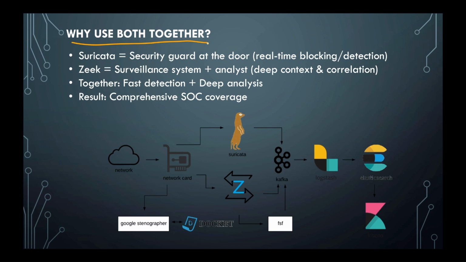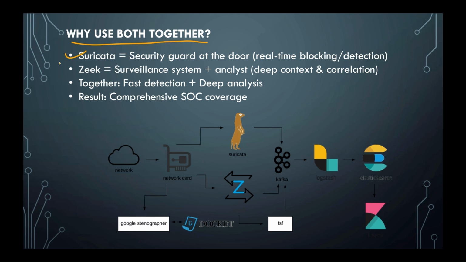While Zeek, on the other hand, gives you a deeper analysis of what is happening over time. It correlates different events and logs everything. So it helps you understand the why and how behind the attack. All right. So by combining these two, you get the best of both worlds, fast detection and deep analysis.